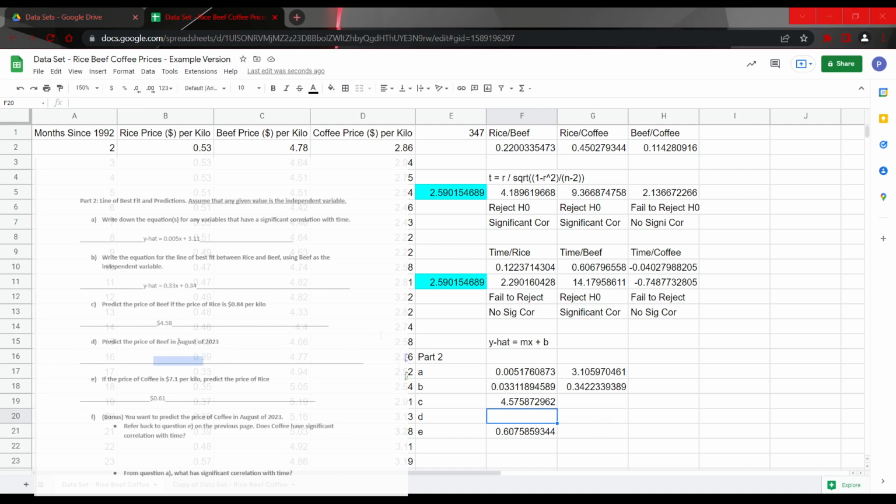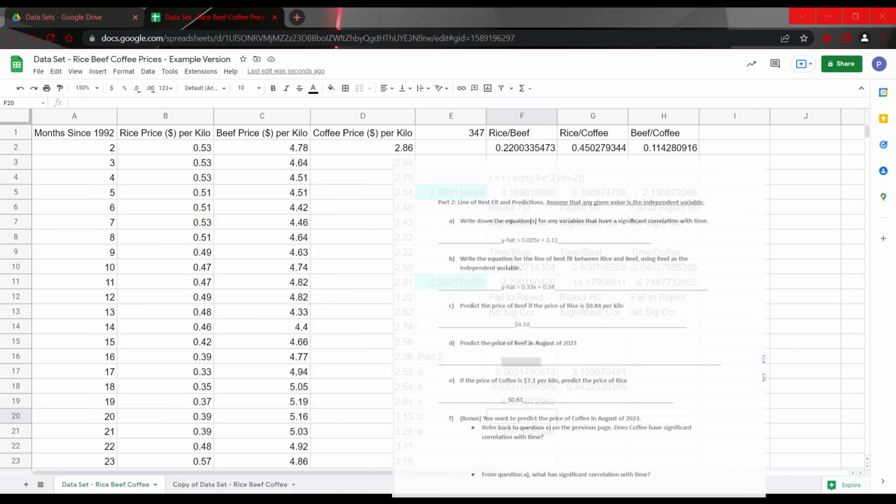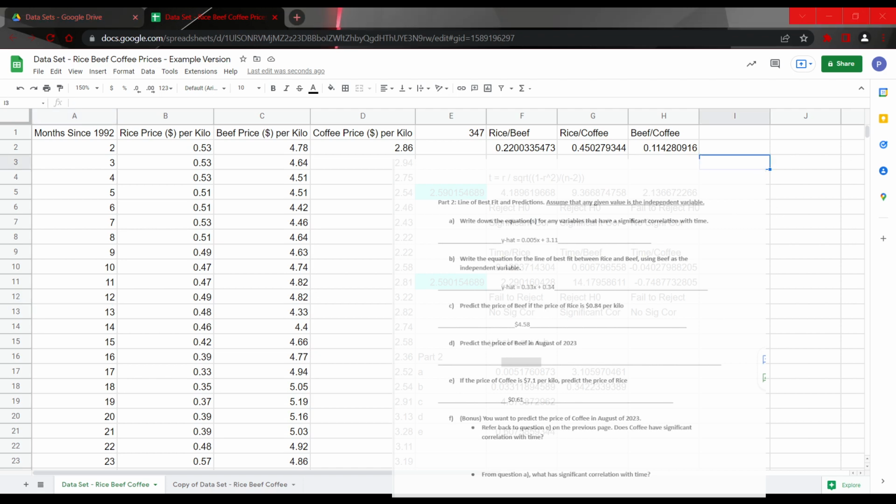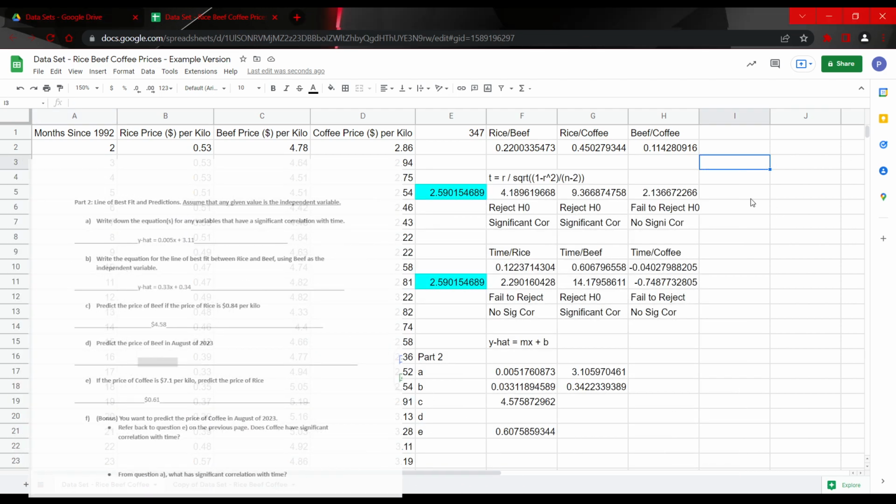Finally, the price of beef in August of 2023. So the key thing here is that these numbers are months since 1992. What this means is that in January of 1992, that's month number 1. February of 1992, that is month number 2.